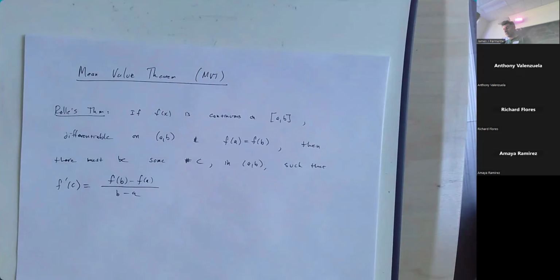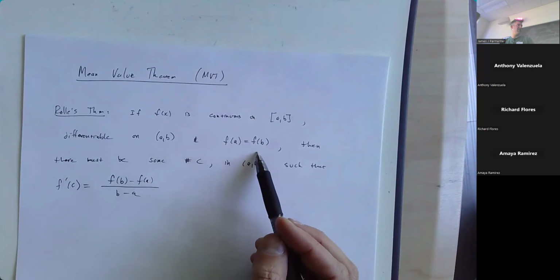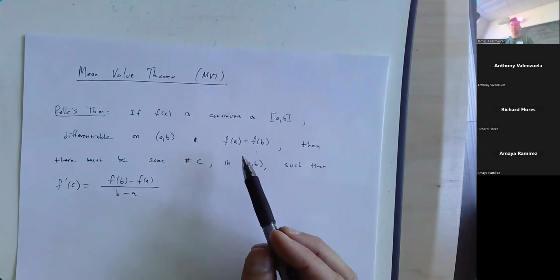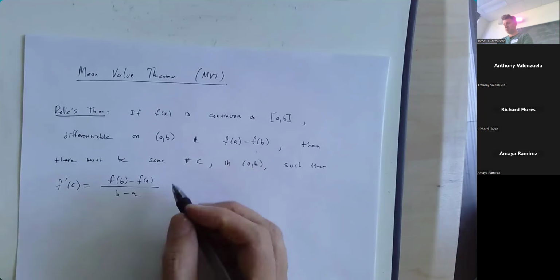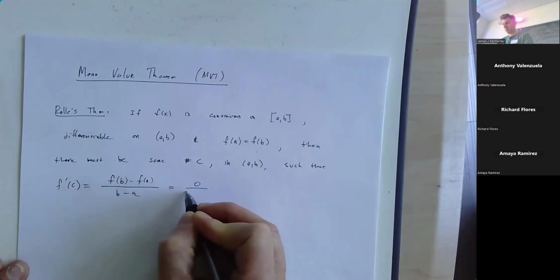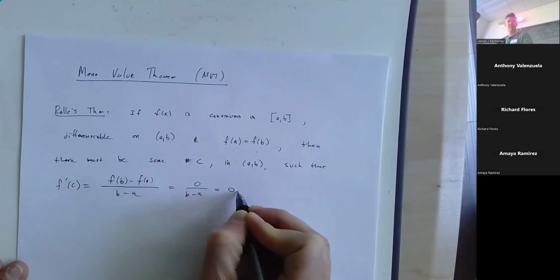It's just that in this case, what's f of b minus f of a going to equal? If I said that f of a had to equal f of b, if these two things are equal and I subtract them, you get 0.